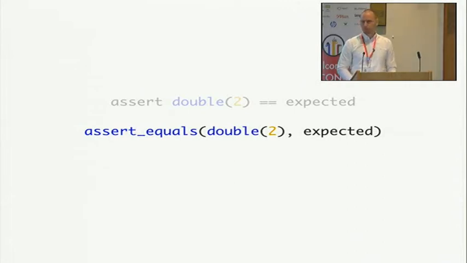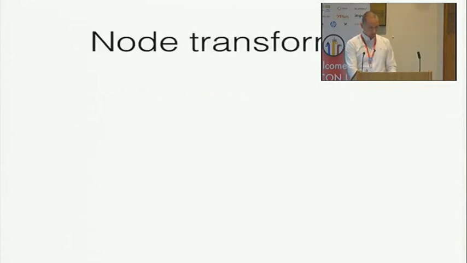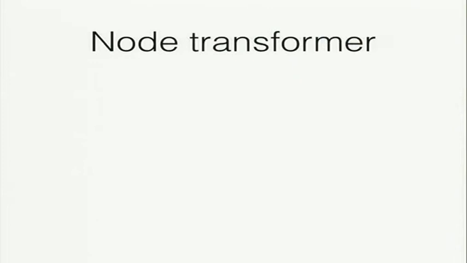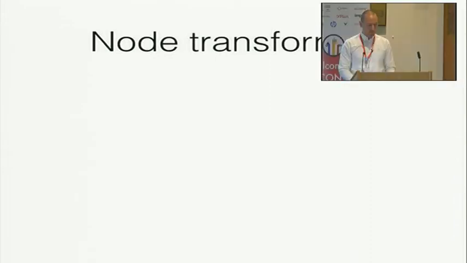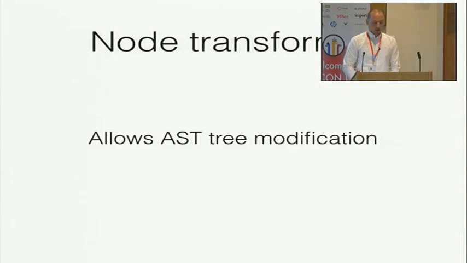Okay, so how do you go and modify a tree? Well, we're not alone there. The AST module does allow us to do this to some degree. It exposes a class called NodeTransformer, and it's good for inspecting and modifying trees.